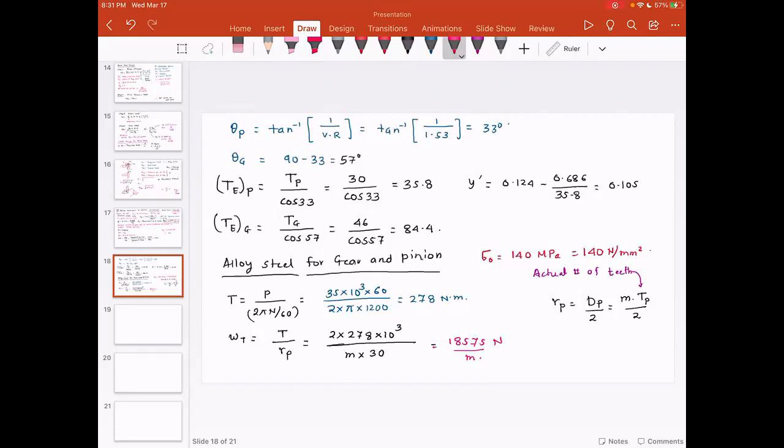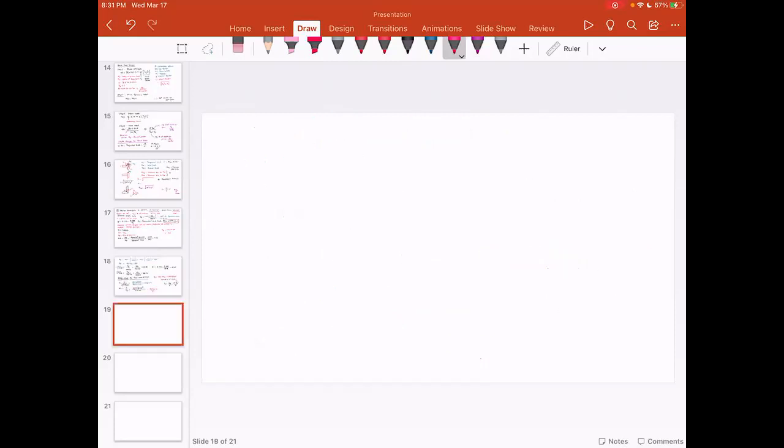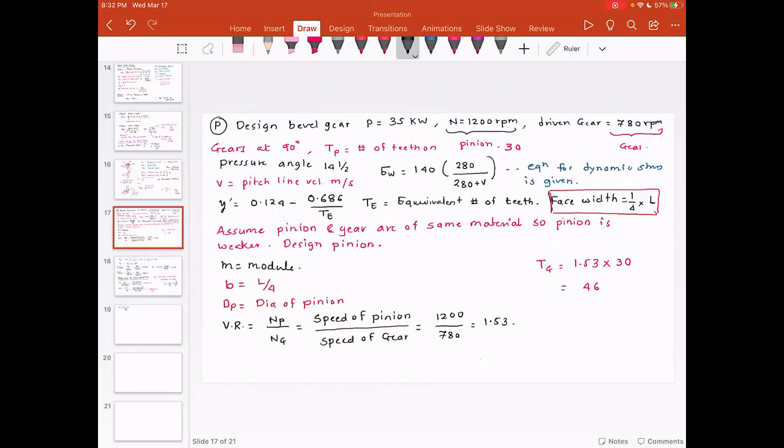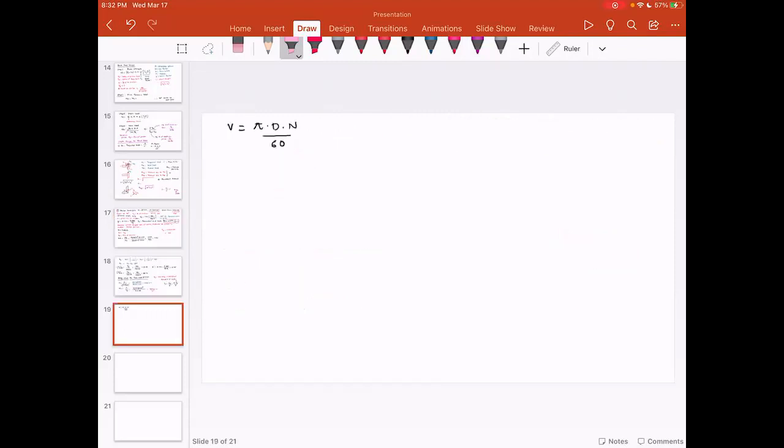Now we need to find out the velocity factor. So pitch line velocity V is equal to pi times d times n by 60. But please note, in this particular problem, if you look at the problem here, the pitch line velocity, actually I made a mistake, it's not meter per second, it's meter per minute. So please make a note. So pitch line velocity V is in meters per minute.